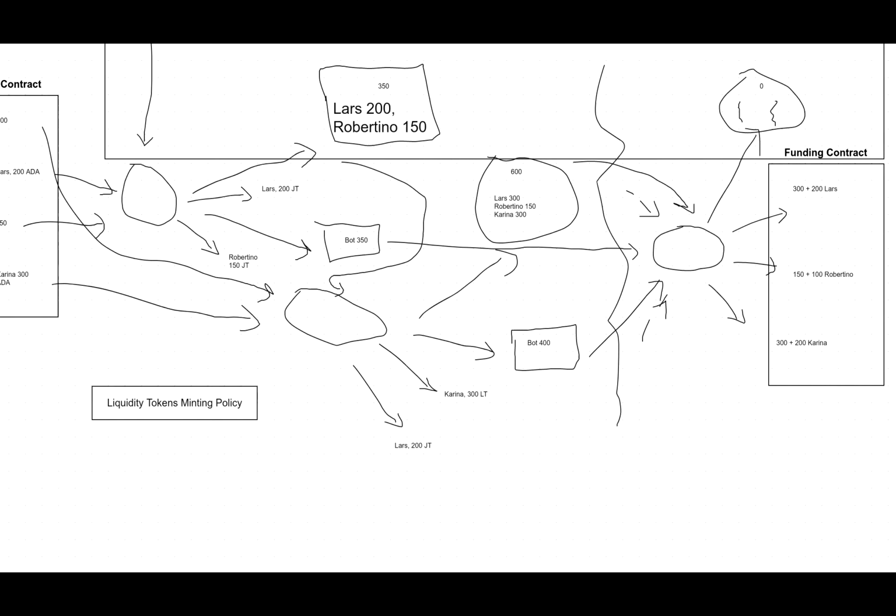I understand, but maybe the minting policy has to be able to burn. You have to provide not only the JSON tokens, but also the link.